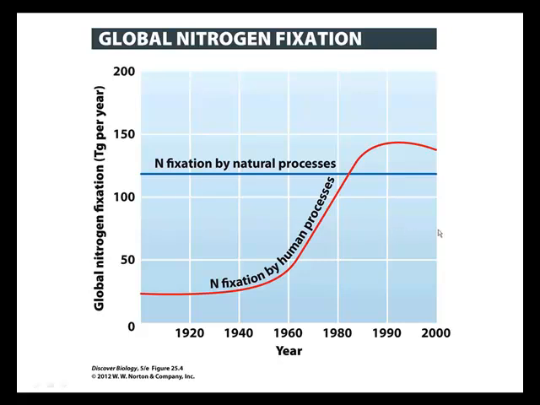Nitrogen has an interesting story to it. I talked about this sort of a limiting factor for nitrogen is the fact that these microbes do convert it from the atmosphere into a usable form for plants. And that pretty much is steady. But post-World War II, we discovered a way to do this on our own.